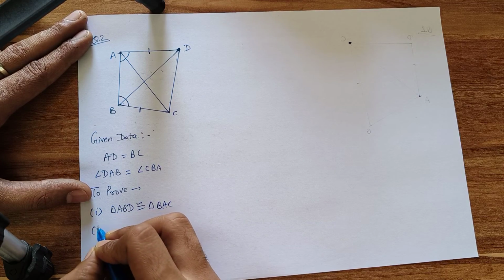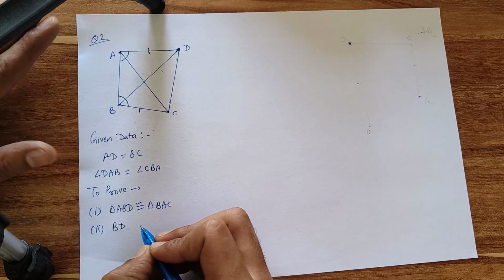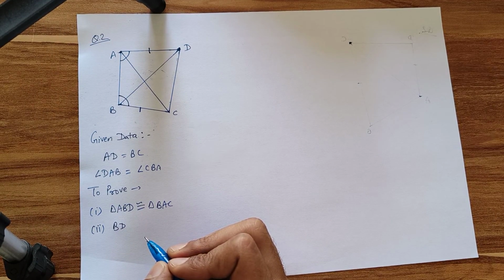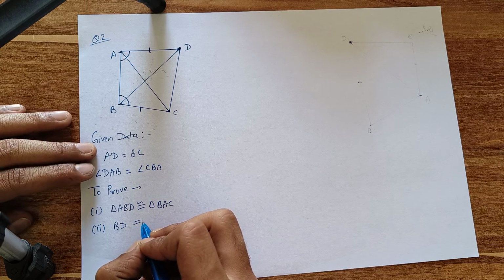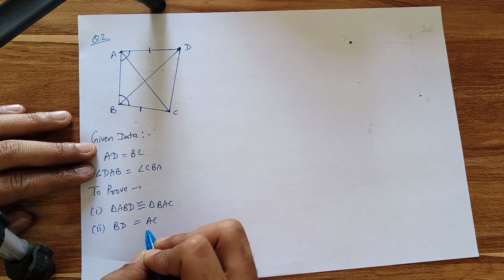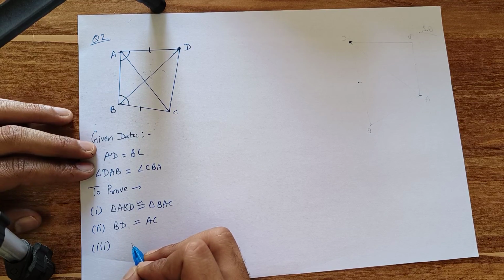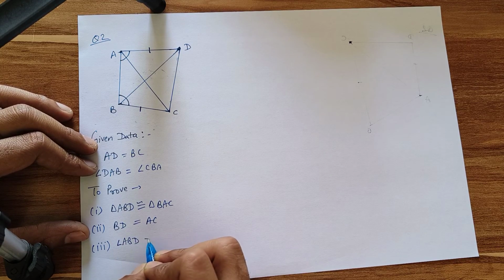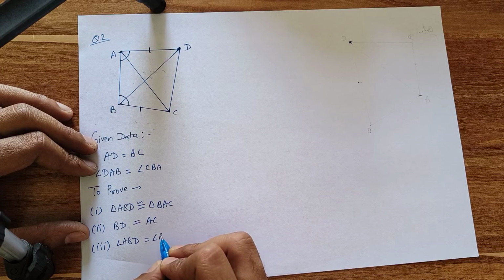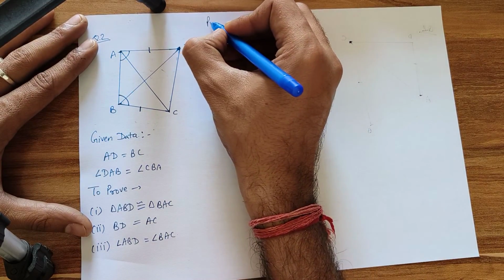In the second part we have to show that BD is equal to AC. And in the third part we have to find that angle ABD is equal to angle BAC. So let's start the question.